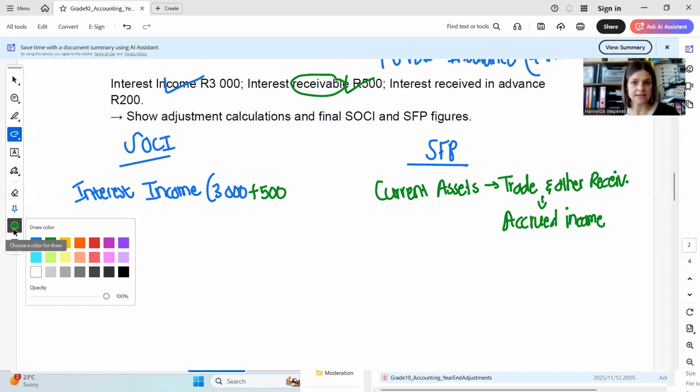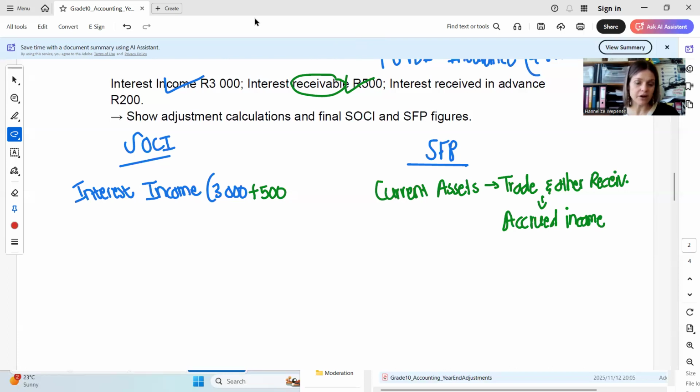Then it also says that included in this interest income of 3,000 Rand, you also have interest that you received in advance. So interest that you have now included in this 3,000 Rand that shouldn't be there. So remove it, debit the interest income account, and then reclassify that as a current liability in the SFP because it's an amount that you received in advance.